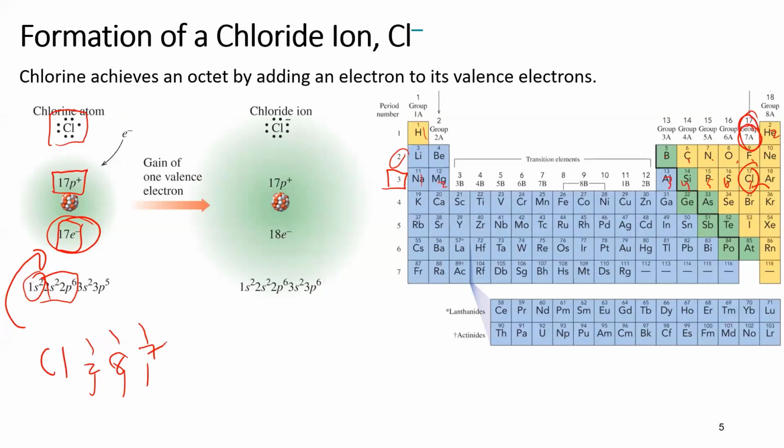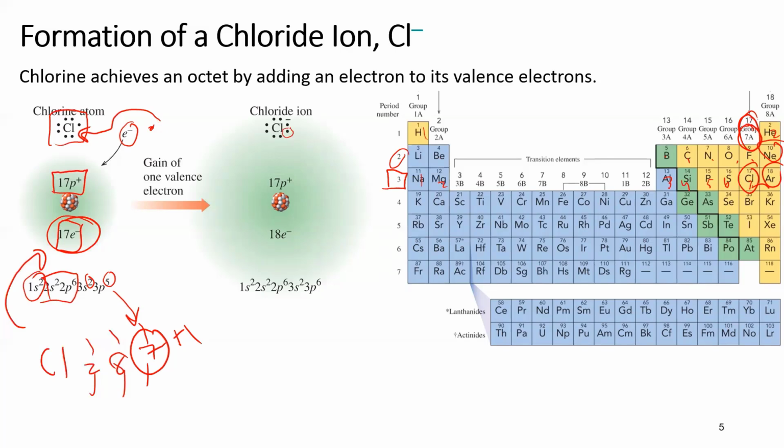But I want to be like a noble gas. So do I want to lose 7 or just add 1 to it? I want to add 1. So if I add 1 electron, we'll make it a dot. Maybe sodium gave it up.